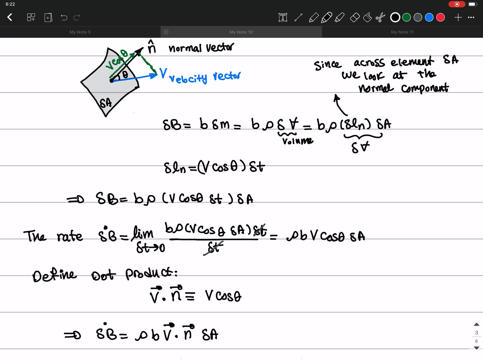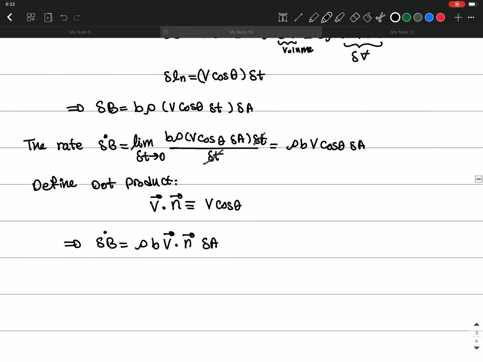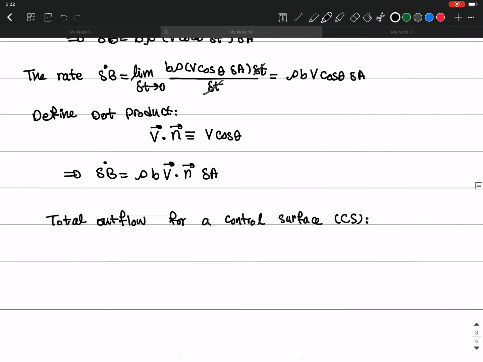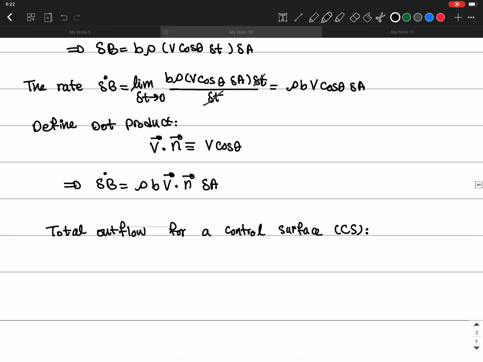So now let's see the total outflow for a control surface, or CS, which is defined as follows. The control surface is also a fixed surface in space.